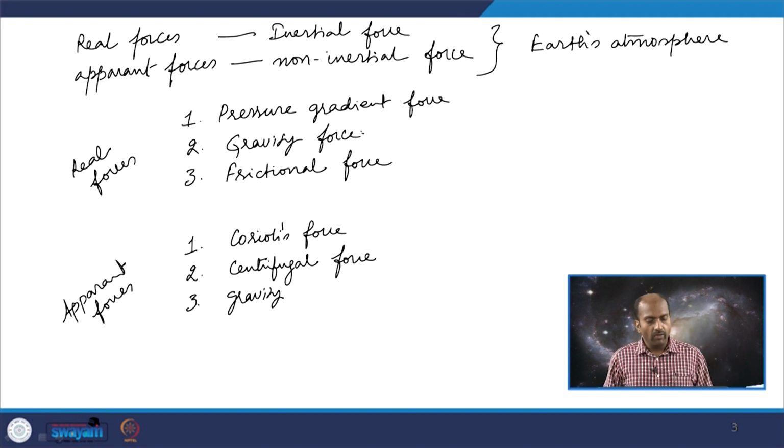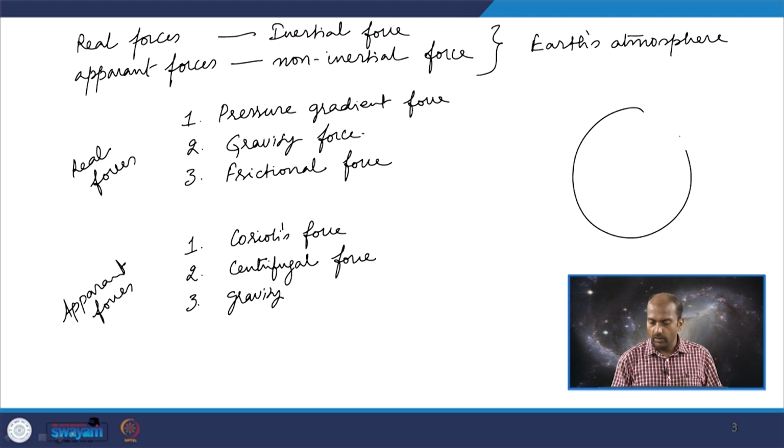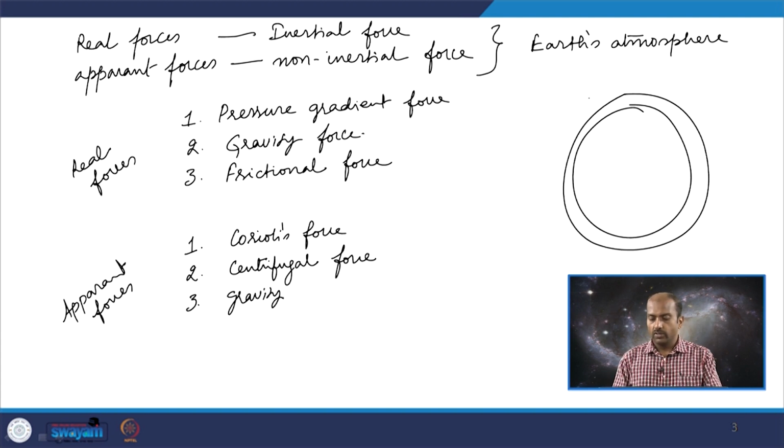Now, what we will do today in our class is try to derive expressions for these various forces. Fundamentally, if you consider the earth, you have the earth's atmosphere surrounding it. This atmosphere is nothing but a fluid layer.